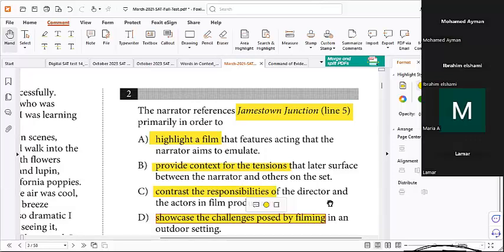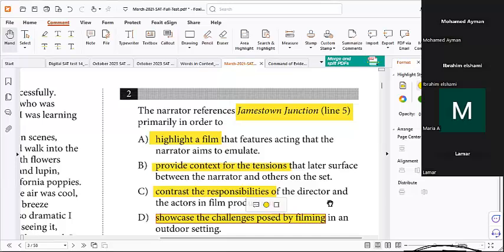So which one do you think is the answer? A, B, C, or D? We're moving in a very slow mood to acquire the skill, huh? I think B. Why do you think B?